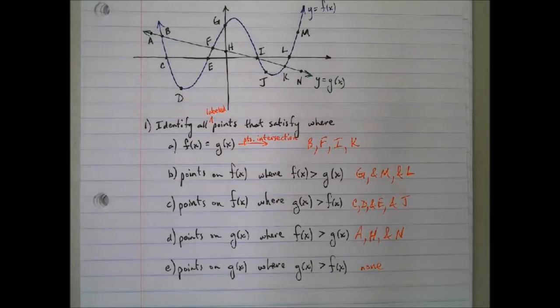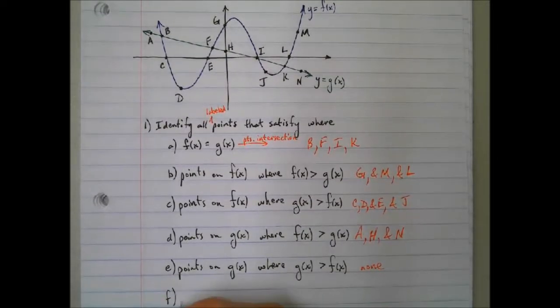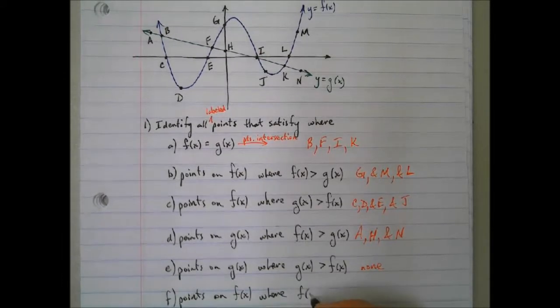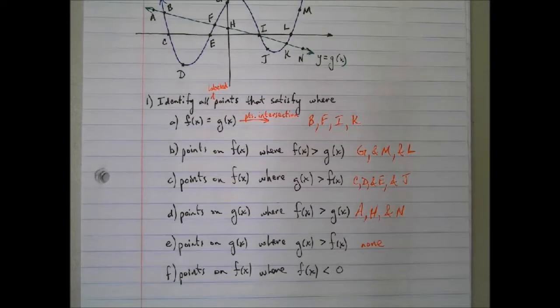We can also do some things sort of like this. Points on f of x where f of x is less than 0. Okay, well, what does it mean by less than 0? Well, it means where f is negative, right? So is there any place where f is negative?